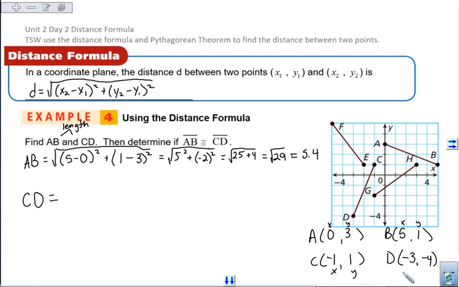Again, I do recommend labeling your X's and your Y's. So again, we're using that same formula for distance. So the square root of x2, which is -3, minus x1, which is a -1 squared, plus our y that went with -3, which is -4, minus our y that went with -1, which is 1 squared.